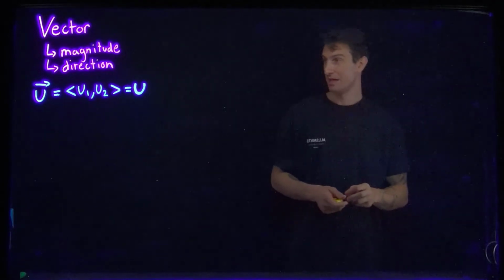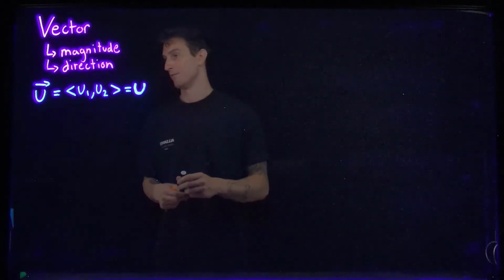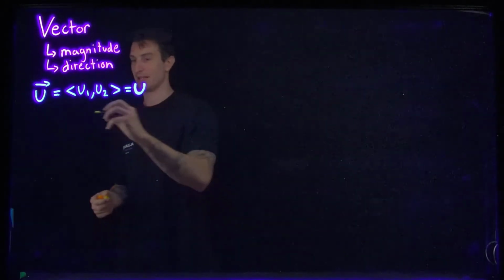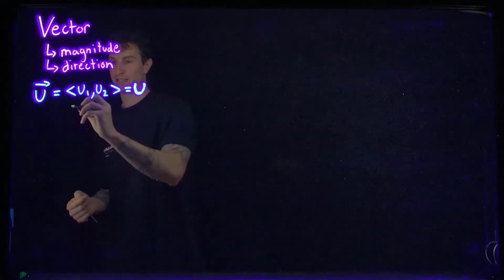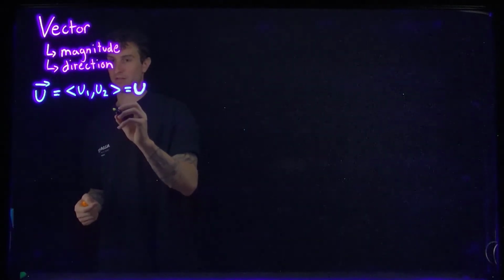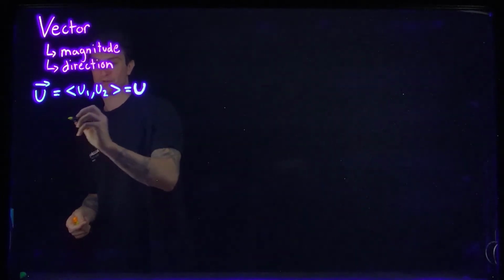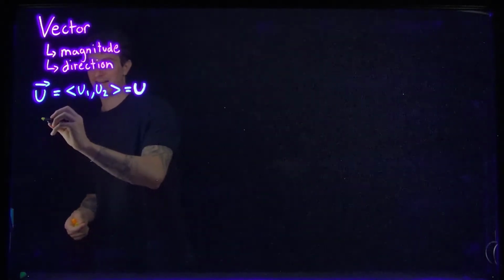So this is one possibility. What else can we add here? Another possibility, so I'll add two more things here, and then we'll get into discussing what they look like. We could also see this in IJK form.